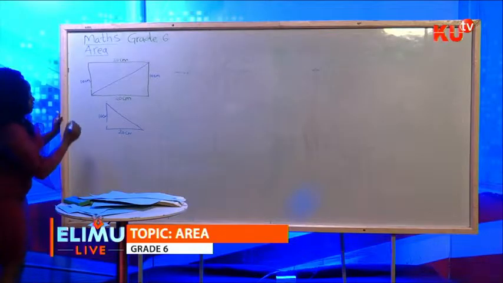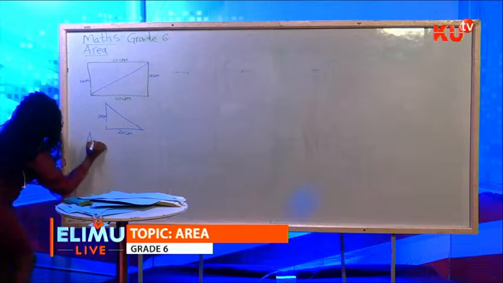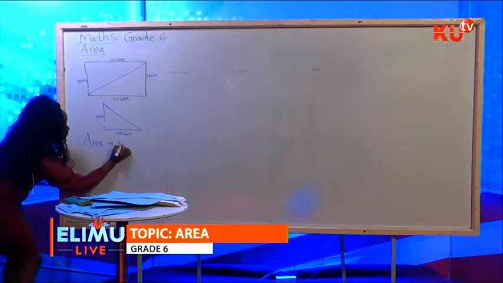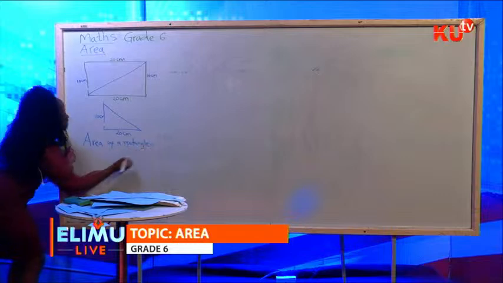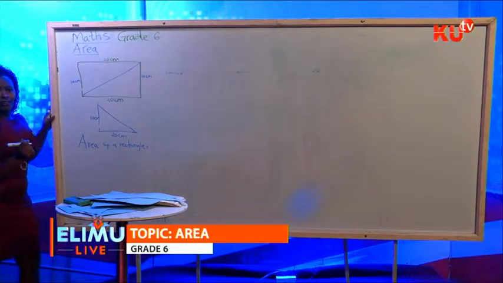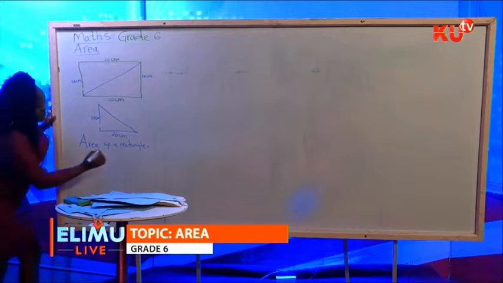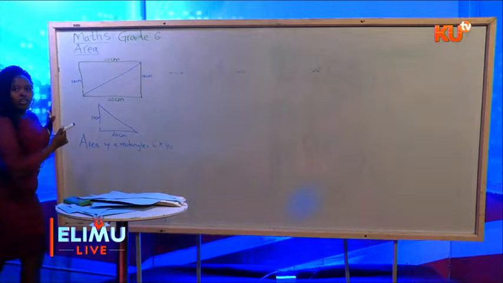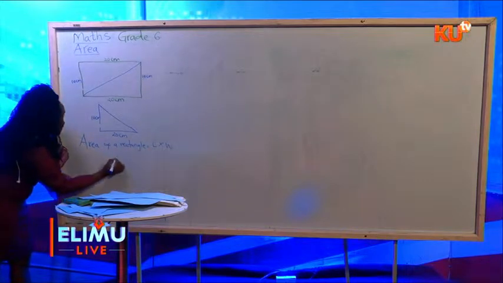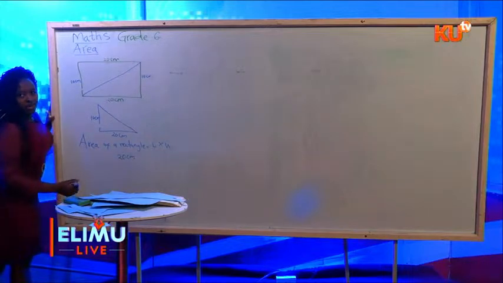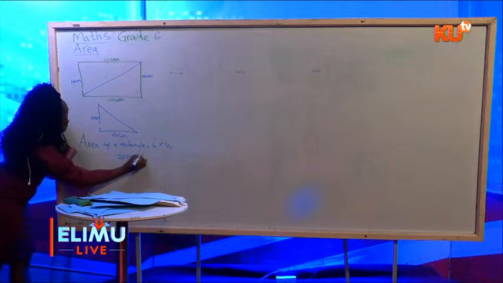So area, we usually say that the formula of finding the area of a rectangle is equal to length multiplied by width. And we know that our length is equal to 20 centimeter and our width is equal to 10 centimeter.